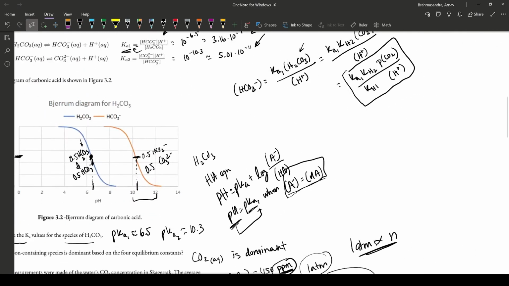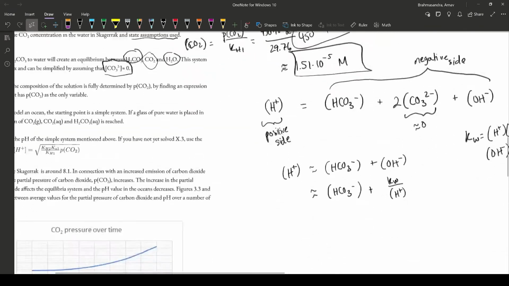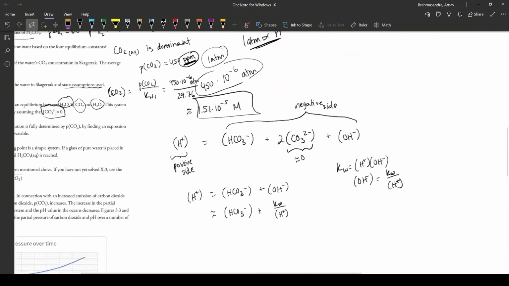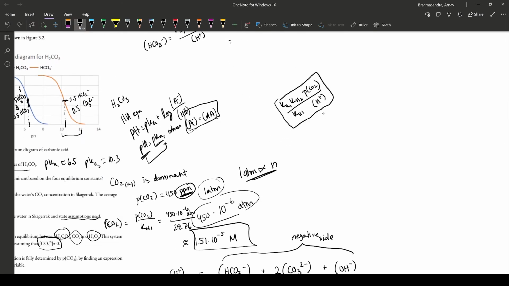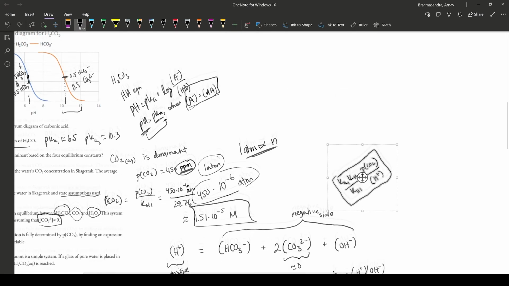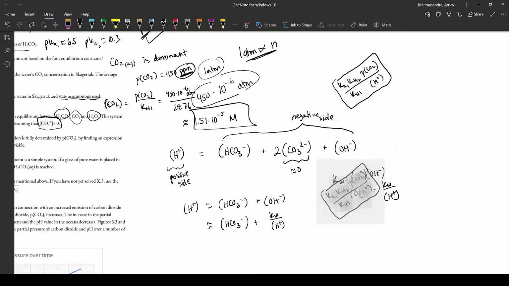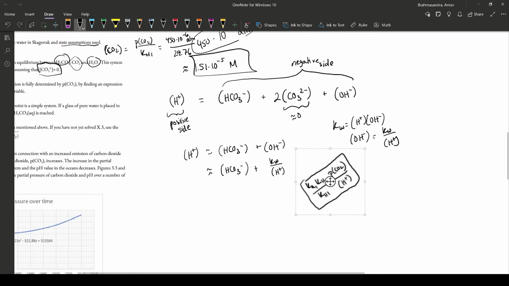So let's copy this down below. I'll move it. But yeah, basically you see what we did. We just solved for HCO3 minus in terms of things we actually wanted to solve for.